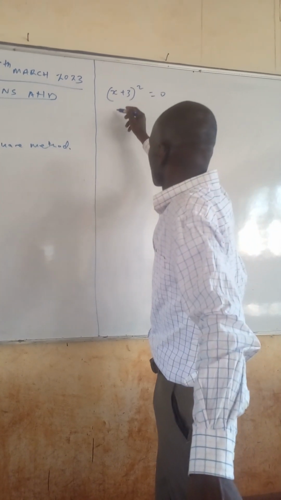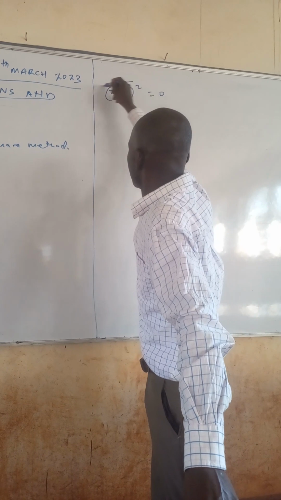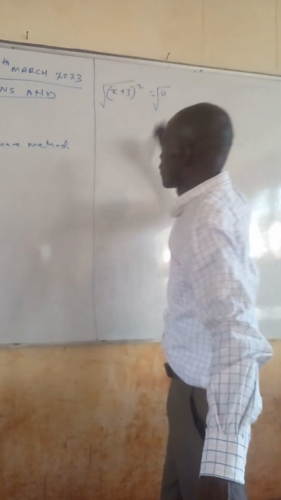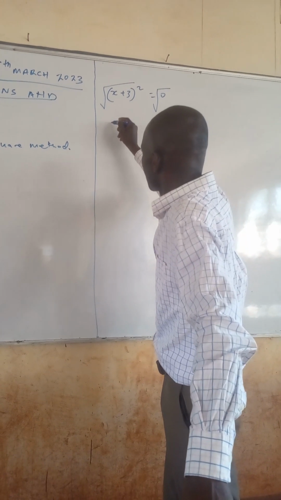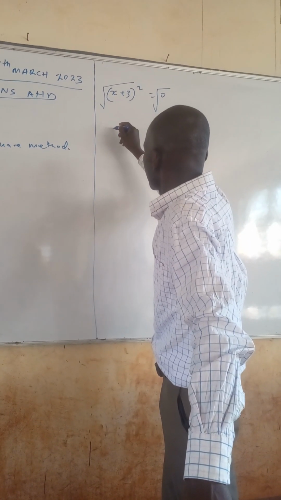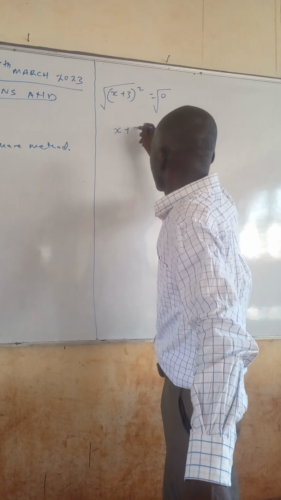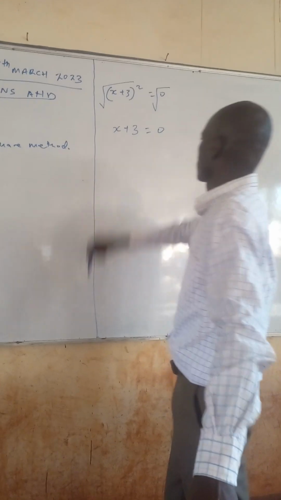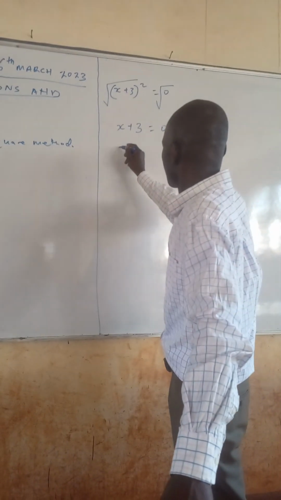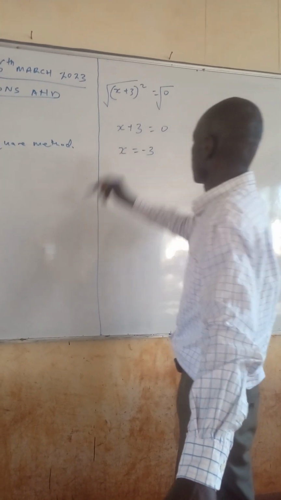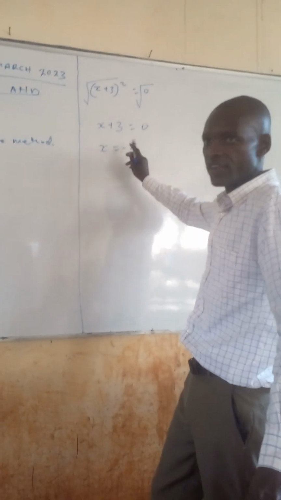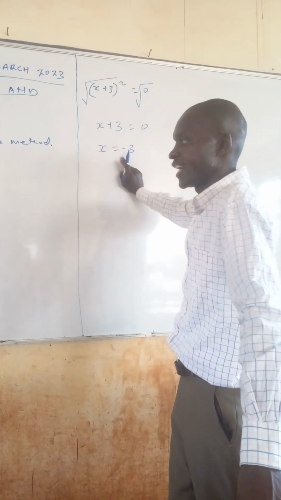So we take the square root on this side, and we also take the square root on that side. This gives us x plus 3 is equal to 0, so x is equal to negative 3. The value of x for this case is negative 3.